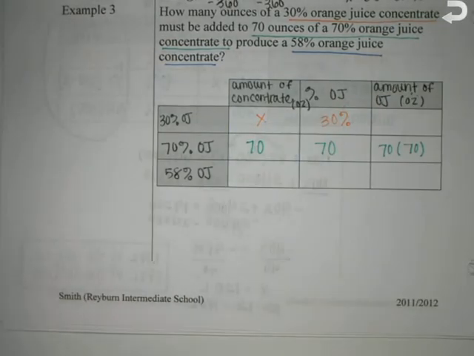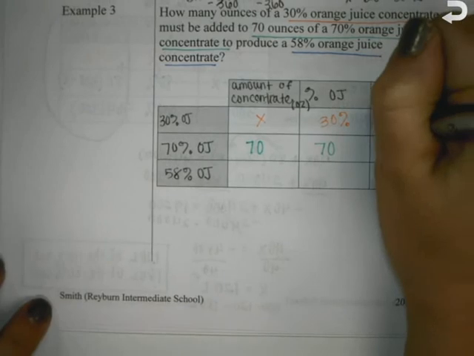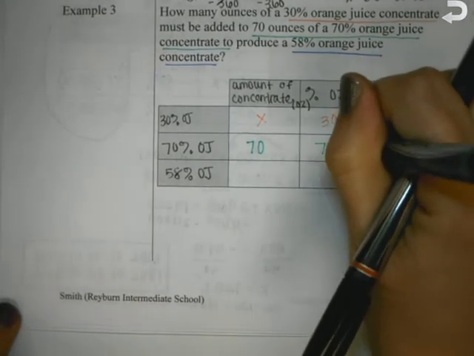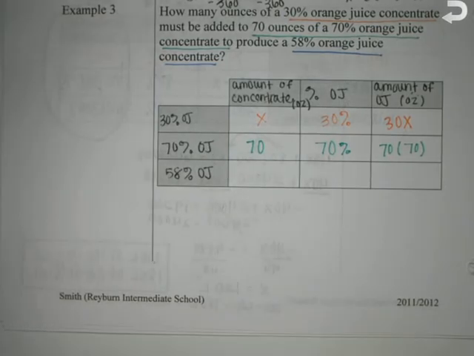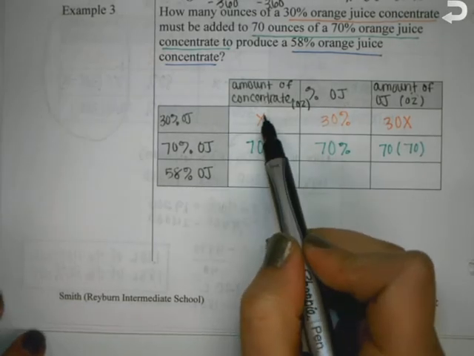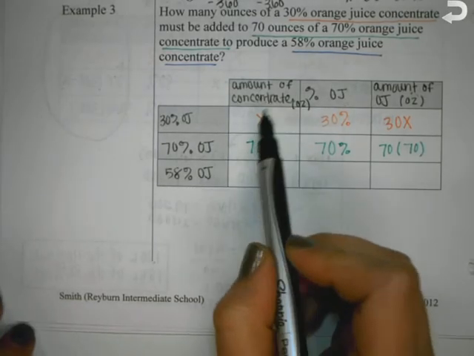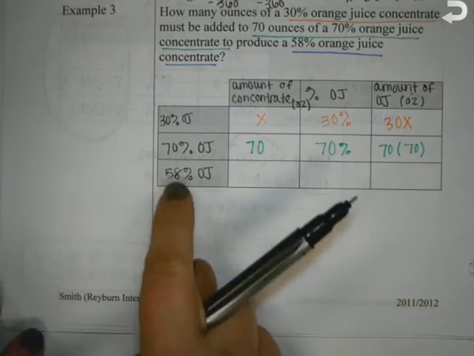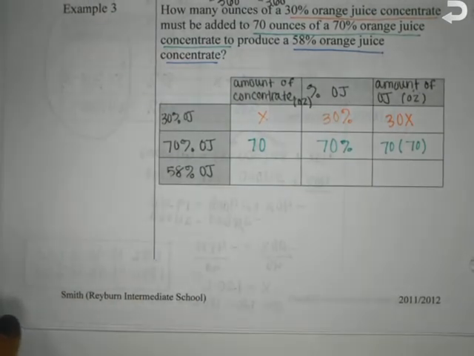What about our mixture? How much total will I have after I mix X amount of 30% and 70 ounces? 58%, how much though? I know how much I started with, right? 70. And I'm adding how much? X. So 70 plus X.